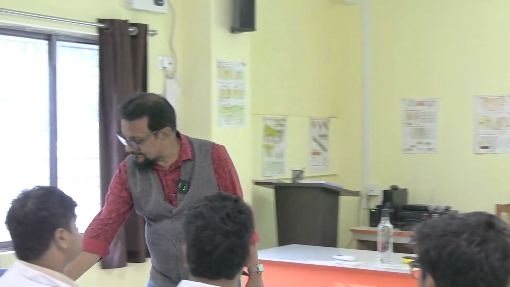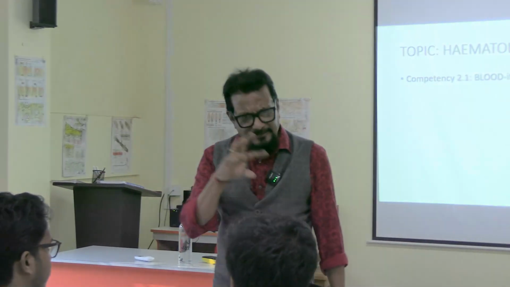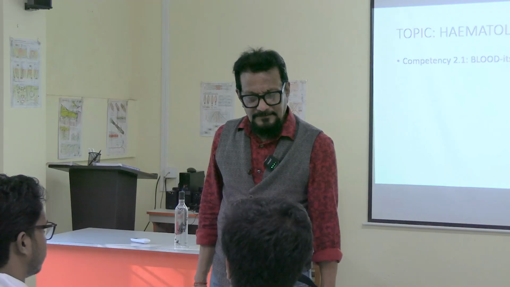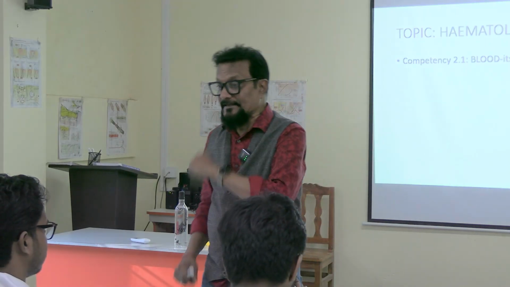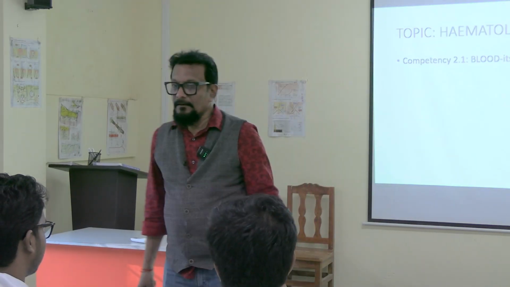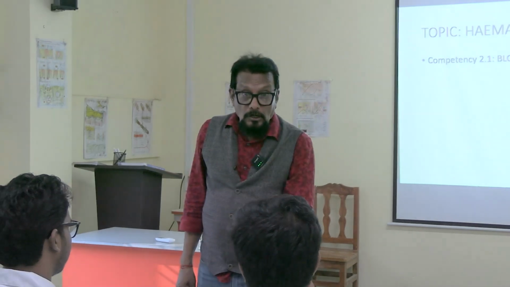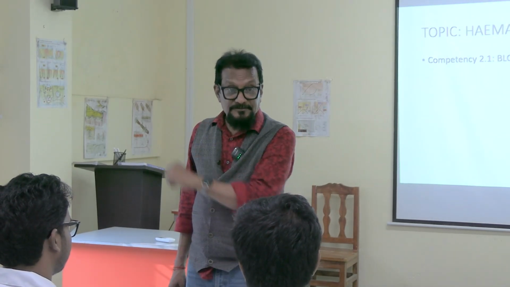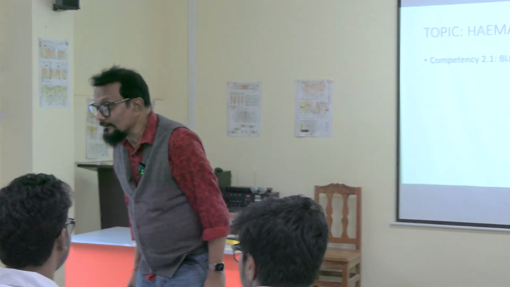Your body cells are getting nutrients, all the required things necessary for the functioning of the cell. From where are they getting it? Artery or arteriole or capillary or veins? Capillary.